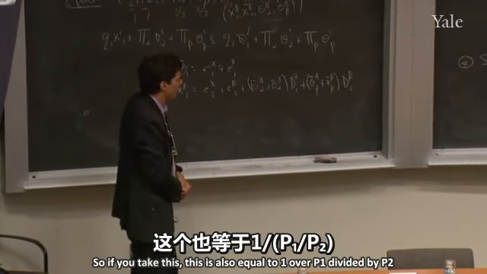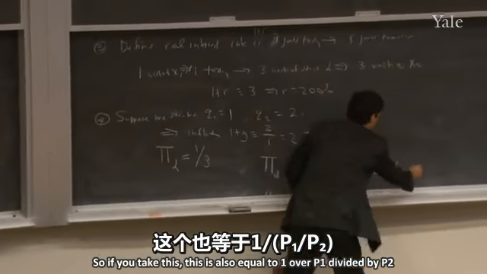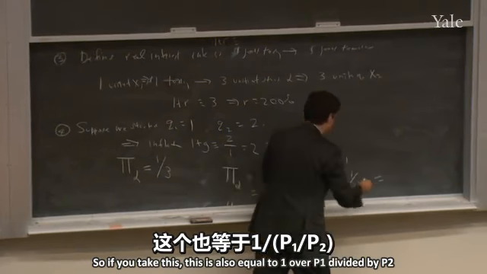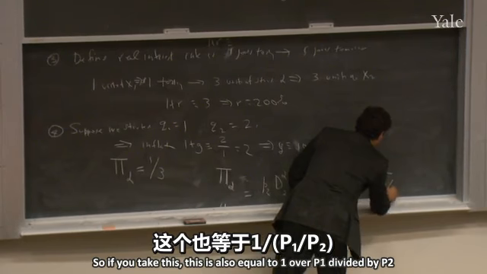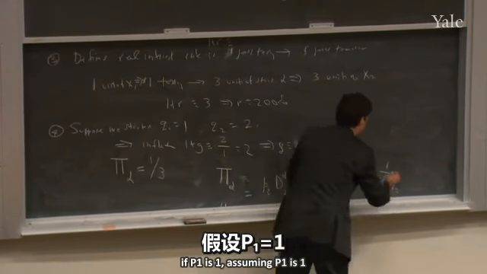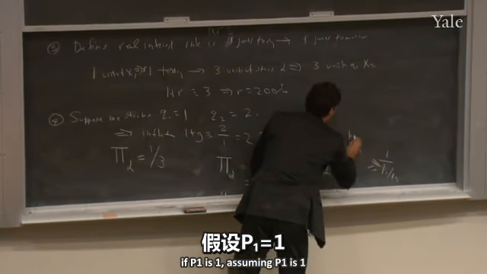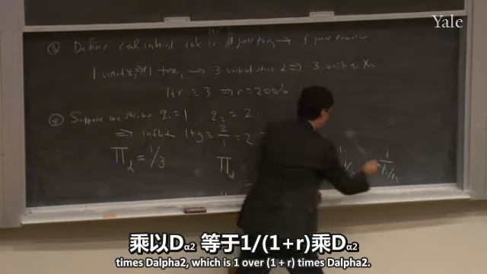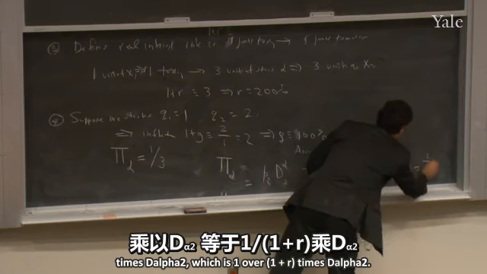Now this is also equal to 1 over P1 divided by P2, so assuming P1 is 1, times d alpha 2, which is 1 over 1 plus r times d alpha 2.